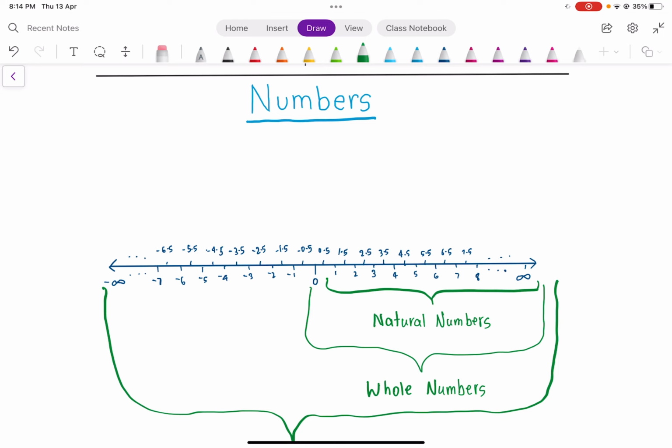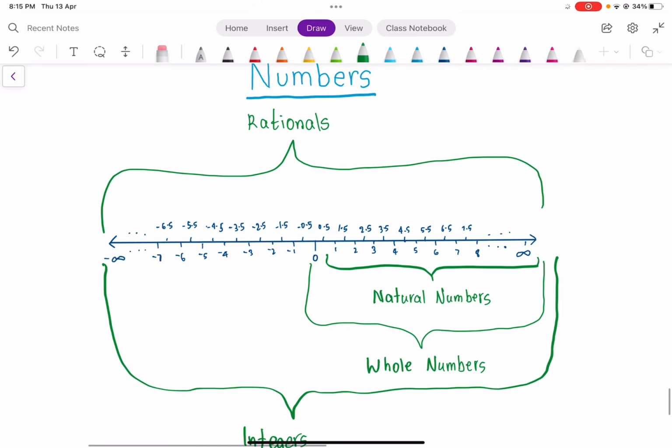So over here, all of these numbers, including the decimals, are called rationals. So that is a lot of numbers.